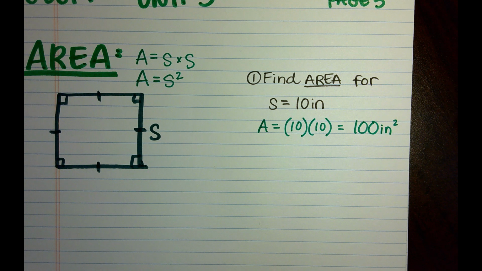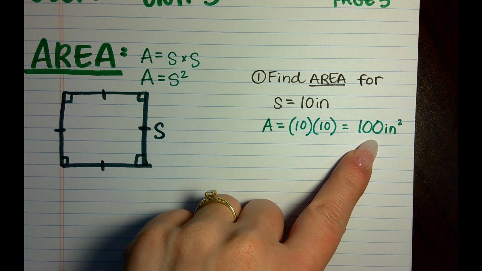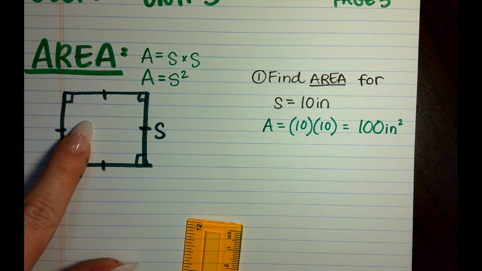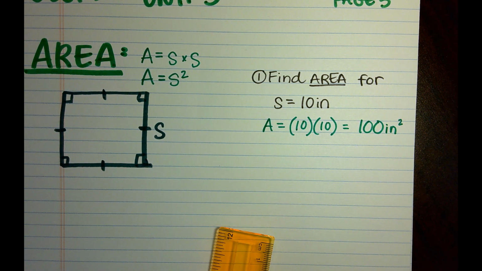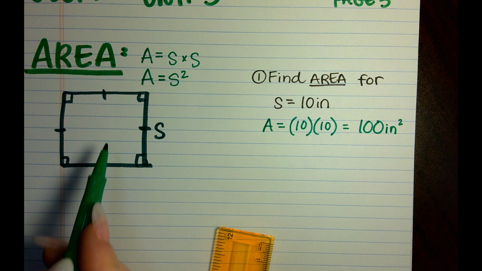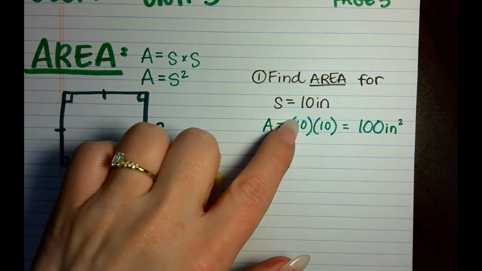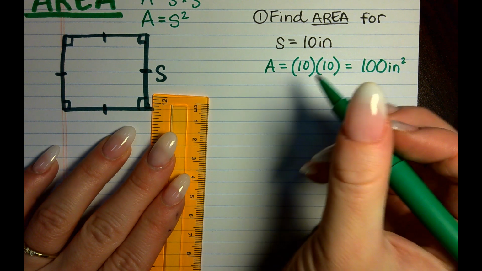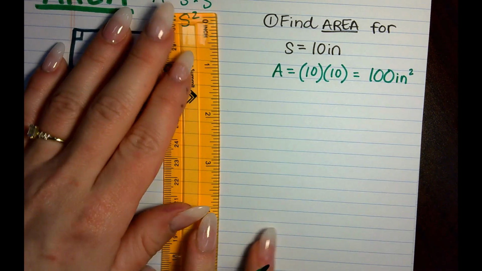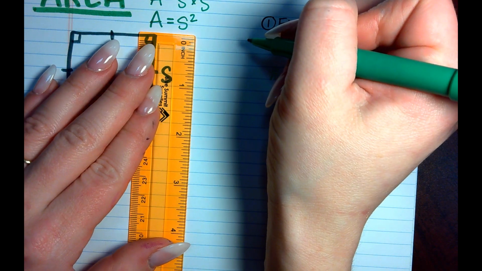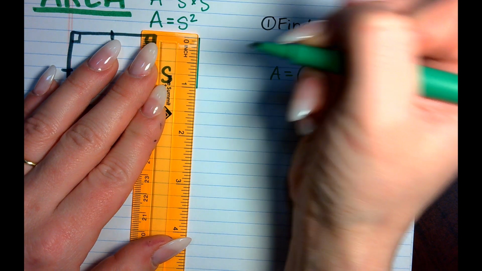Area is measured in square inches, or square feet, or square miles, or whatever. So what this means is that inside of this square, I can fit 100 1 by 1 inch squares inside of here. That's all it means. Meaning if I were to make this actual size, I would have, let's see, there's an inch.